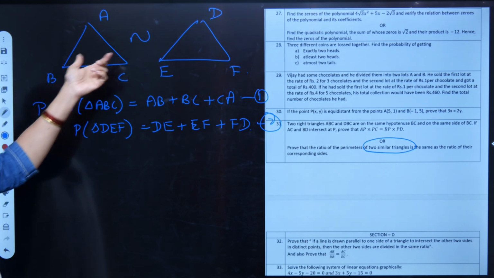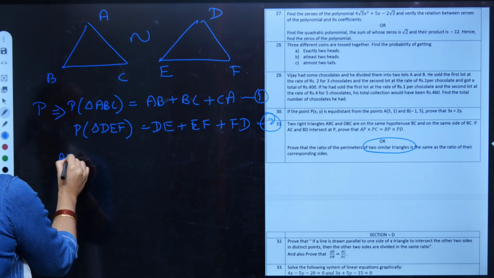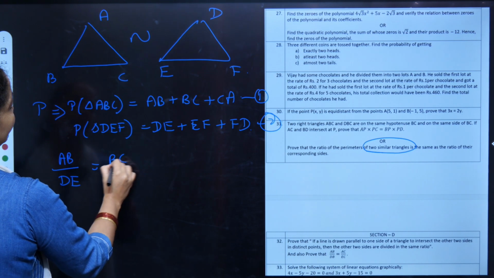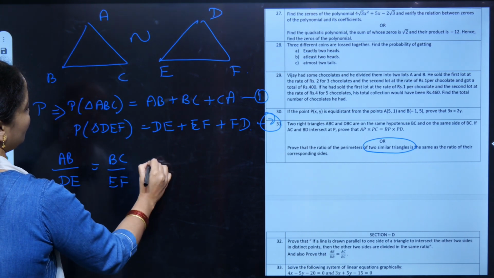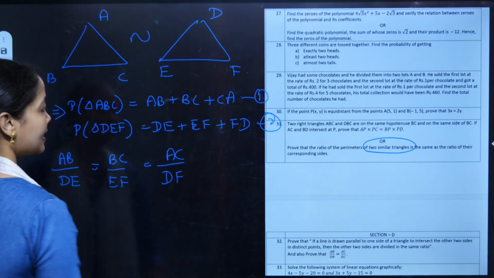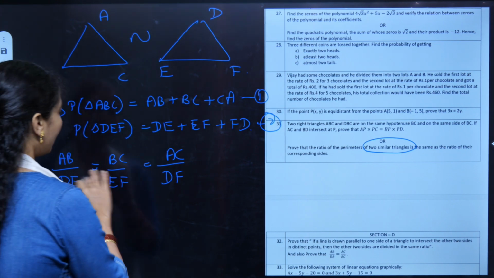Now since the triangles are similar here, I can take the ratios as AB by DE equal to BC by EF equal to AC by DF. These are the ratios. Now what am I doing? I am adding all these.